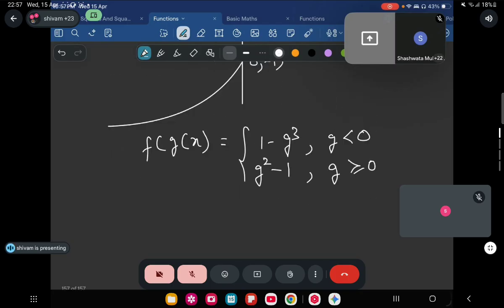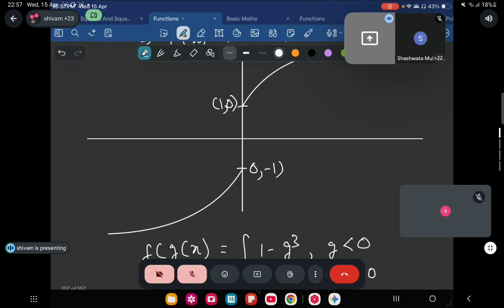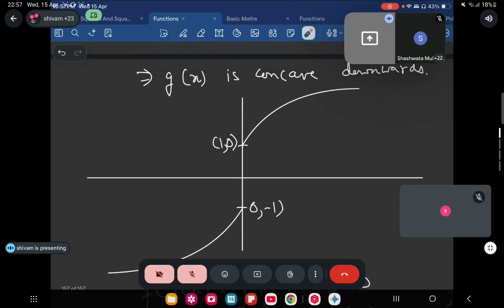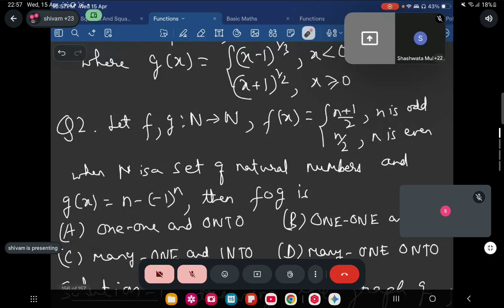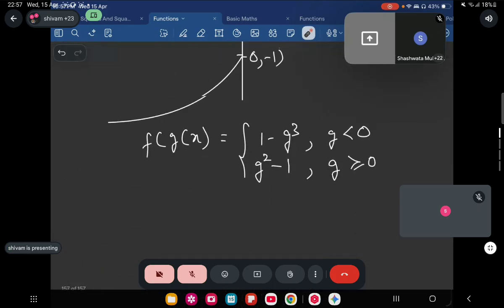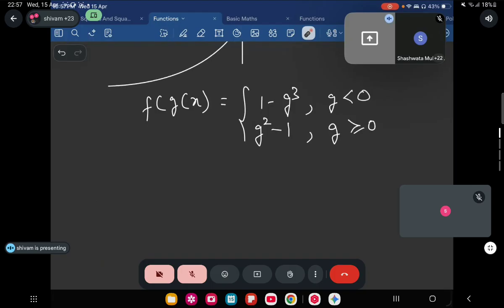Okay. So what is g of x, everyone? Acha, g less than 0. Let us understand when is g less than 0. g is less than 0 in this branch, right? What is the equation of this branch?